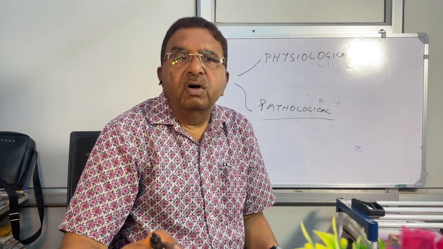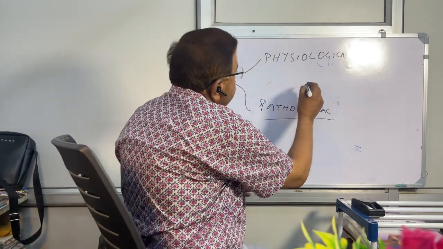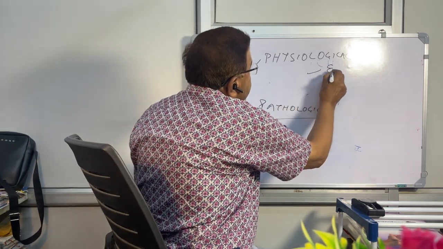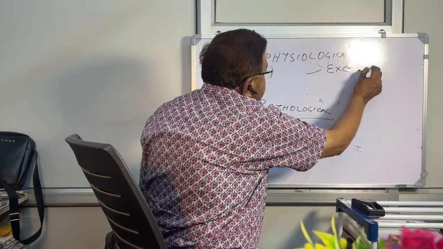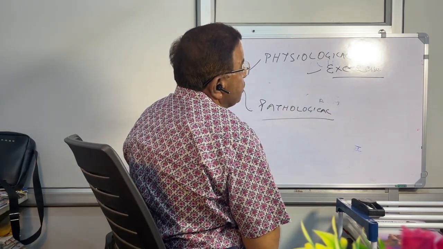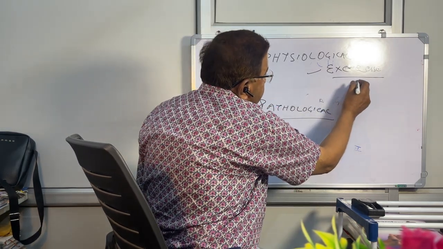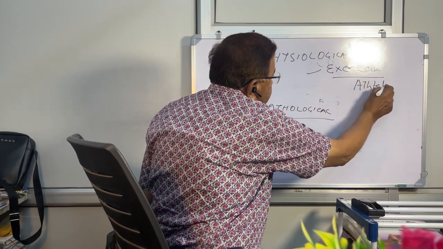So number one cause of physiological bradycardia is exercise. That means as it happens in athletes, the sports persons, they have their heart rate less than 60.